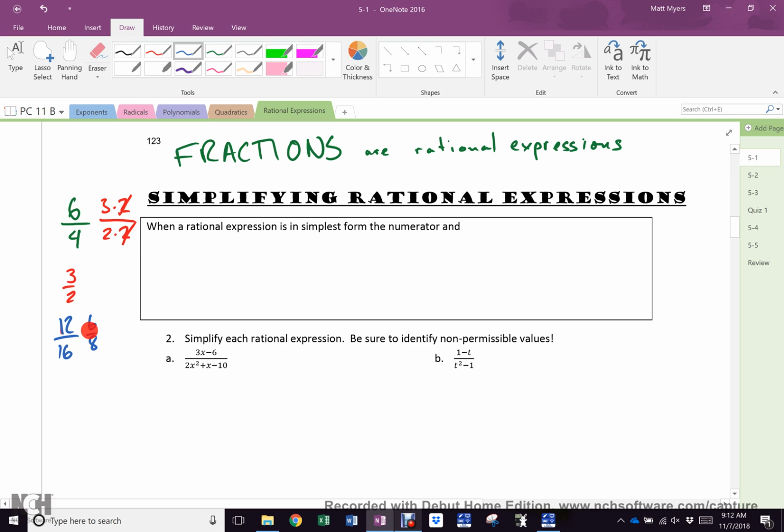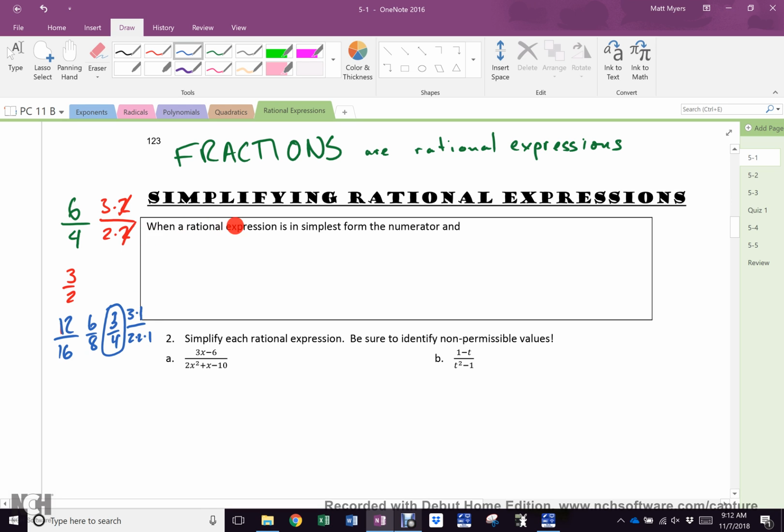Because they both divide by 2. 3/4. Once I get to 3/4, the only factors of 3 are 3 and 1, and the only factors of 4 are 2 times 2 times 1, correct? What's the only common factor I can remove? 1, which is always removable.